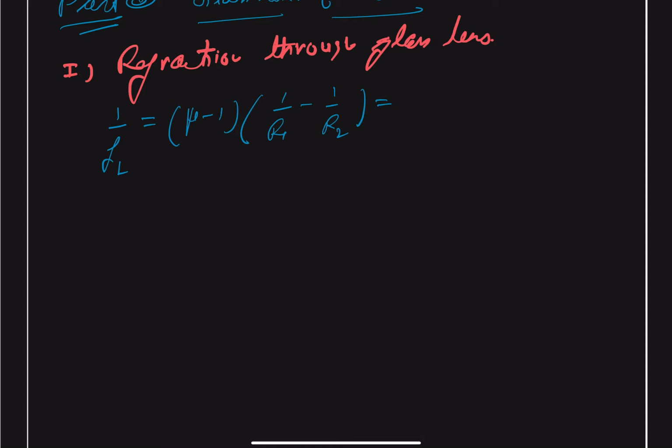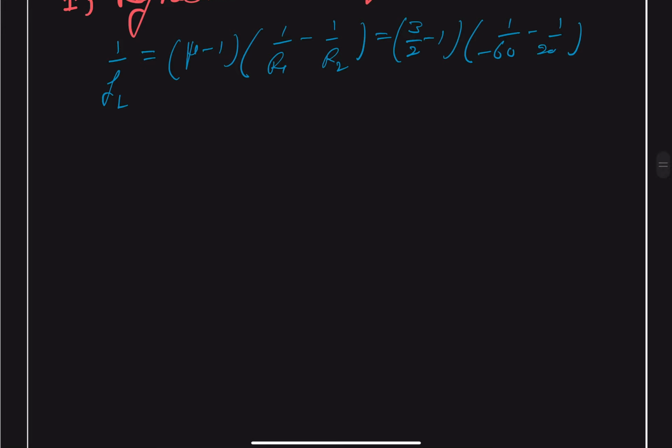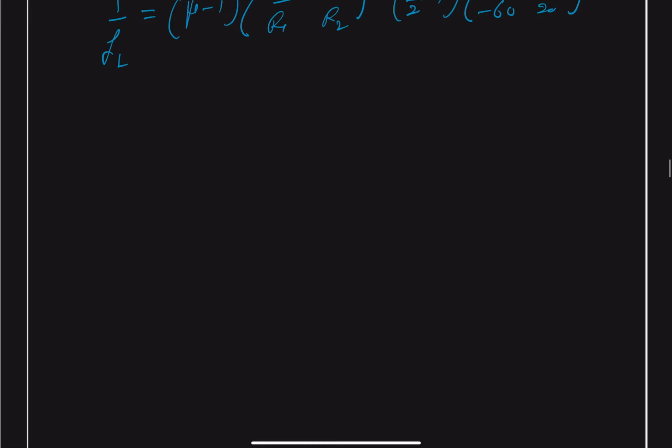So we can substitute it as 3 by 2 minus 1, and it is given as 1 upon minus 60 minus 1 upon 20, and we can easily solve this, and this will give us that our F_L will be equal to 60 centimeters.